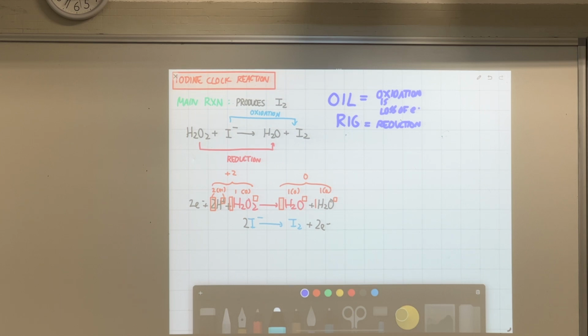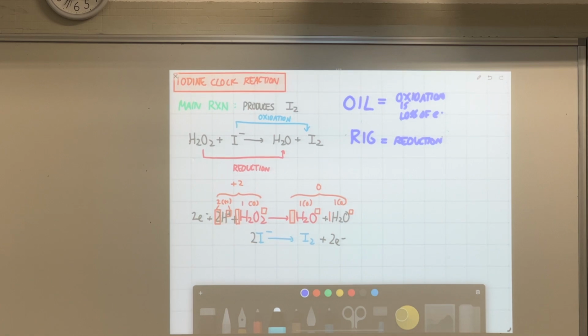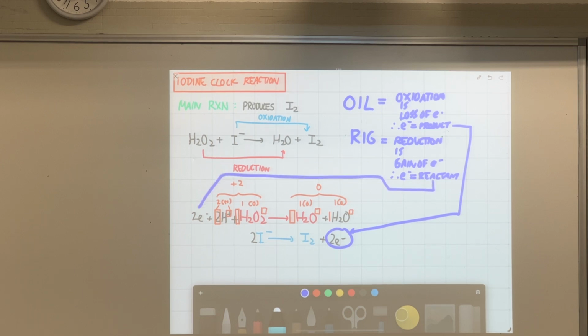That's what gain means, because they need to be gained by the reaction for it to happen. So reduction is gain of electron. That's how you know electron is a reactant. When you say electrons are lost in oxidation, it means electron is a product. That's why electrons appear here as a product for this oxidation reaction, and as a reactant for this reduction reaction. That's another way. Just be careful.